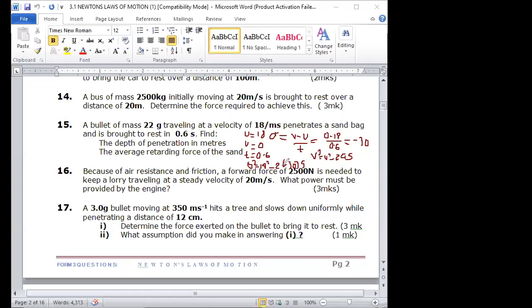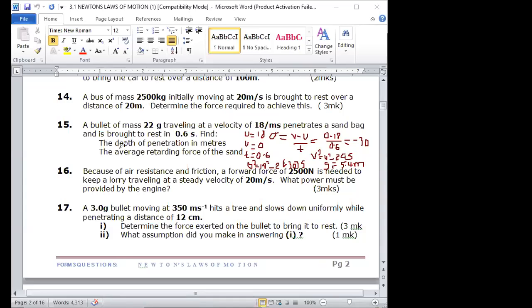So minus 2 times minus 30 is 60. With this in mind, we want to get our s. So our s becomes 18 squared divided by 60, and you get 5.4. So the bullet is going to penetrate through a length of 5.4 meters.